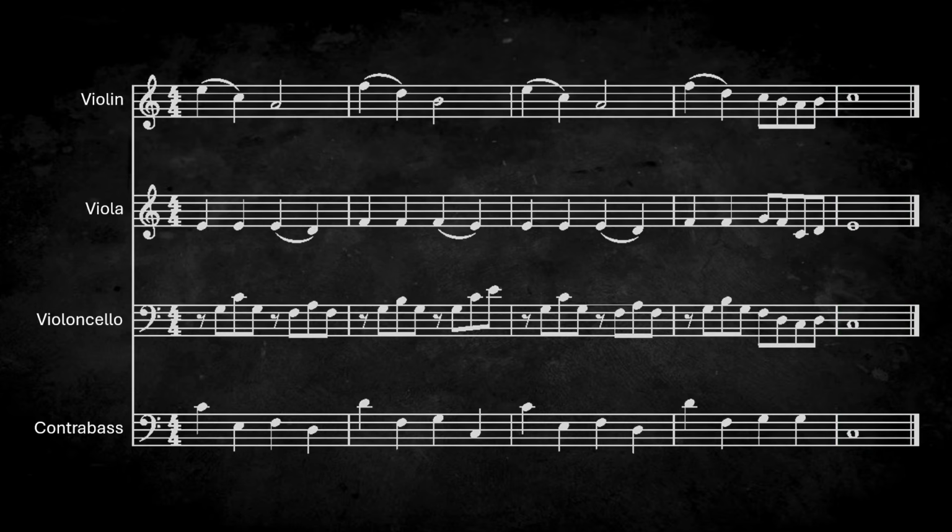Let's make it more expressive with the use of the remaining elements. Number 7. Tempo. It refers to the speed or pace at which a piece of music is performed.